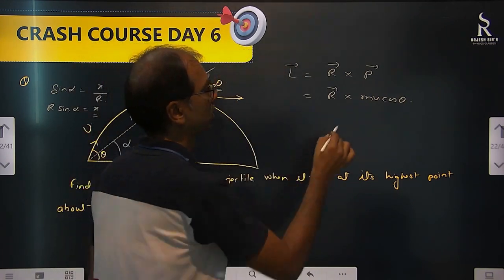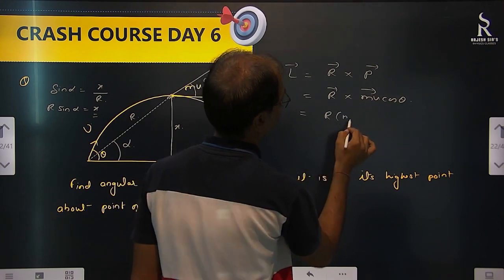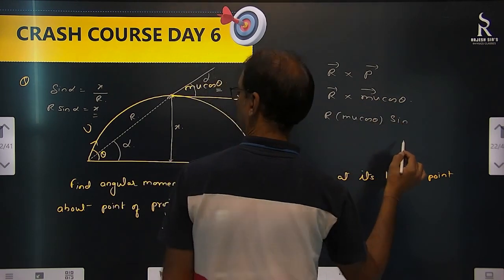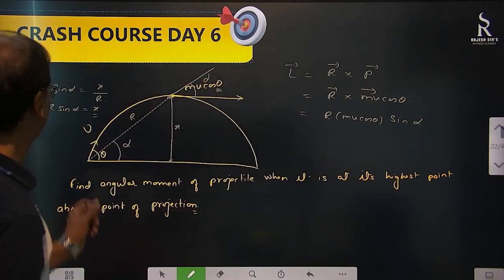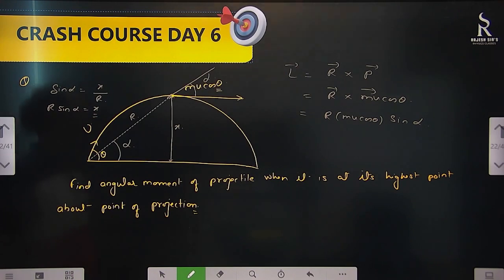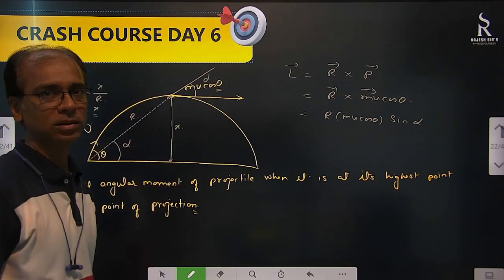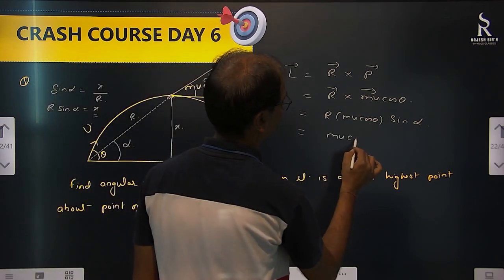Cross it is, so cross we have to change, no? So r into mu cos theta into sine of the angle between them. What have I taken? Sine alpha. So r sine alpha is x. That means again mu cos theta into x only, no? Perpendicular distance. So why not remember it directly? So mu cos theta into x.